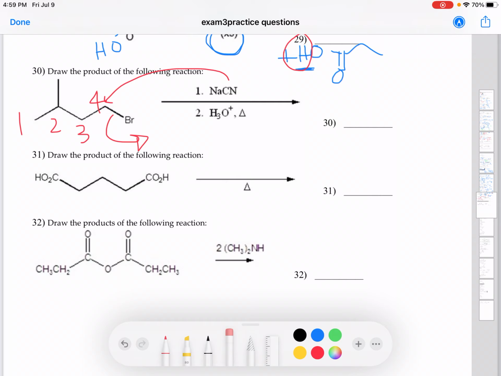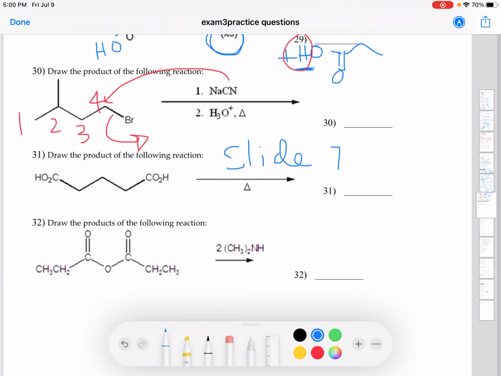This one is going to form a cyclic anhydride. How do you form this one? You can refer to slide 79 of our lecture slides.